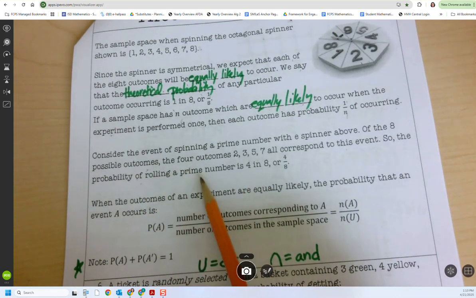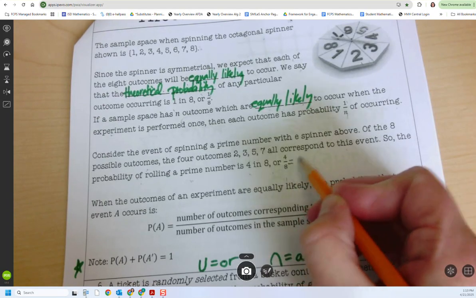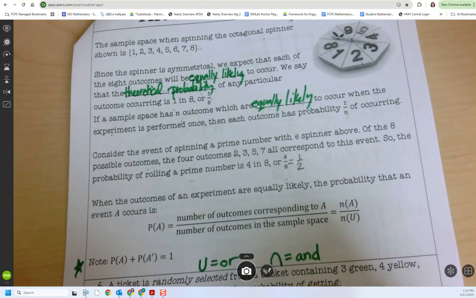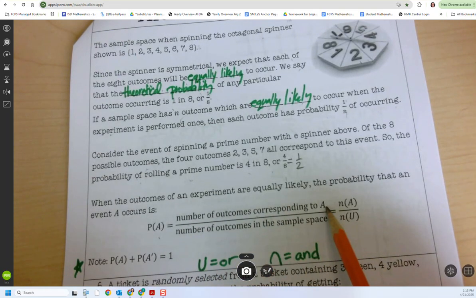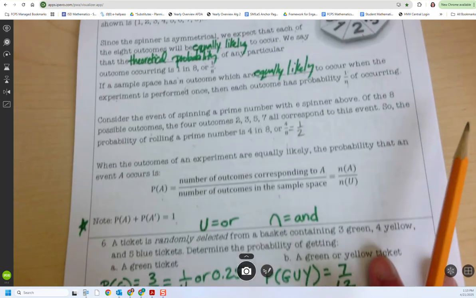So the probability of spinning this prime number is 4 in 8, 4/8, which of course simplifies to 1/2. So the probability of an event happening is the number of outcomes that correspond to A, divided by the total number of outcomes that you have. And the probability of something happening plus the probability of it not happening is always going to equal 1.